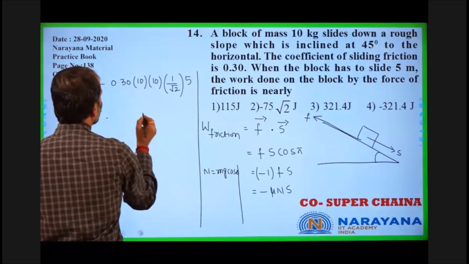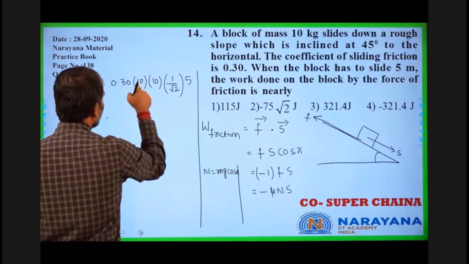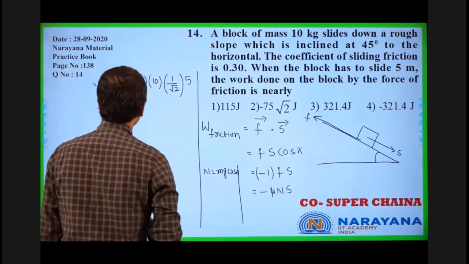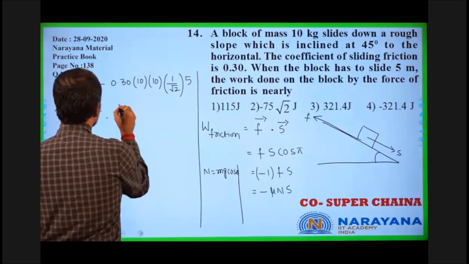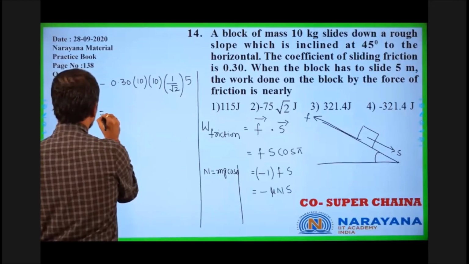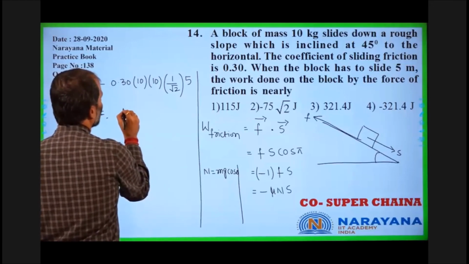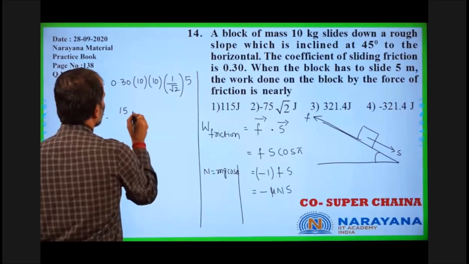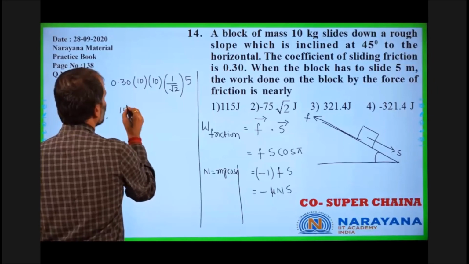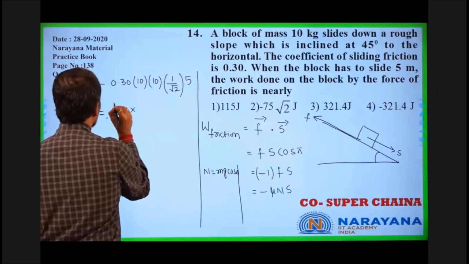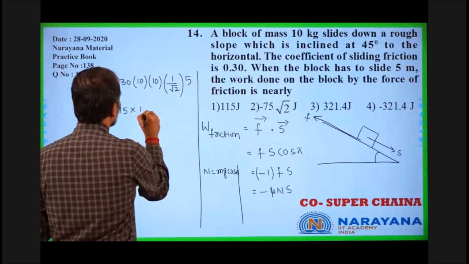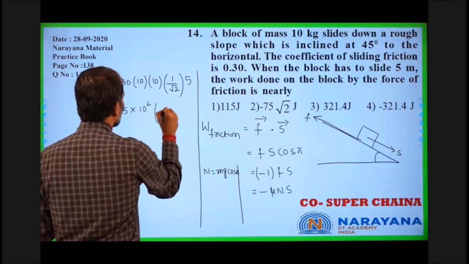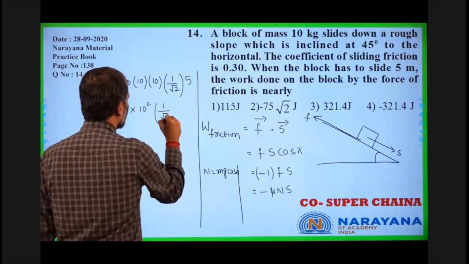So now here, 5 3s are 15, multiplied by 100 over here. So it is now equal to 5 3s are 15 into 0.15 into 10 power 2 into 1 by root 2.